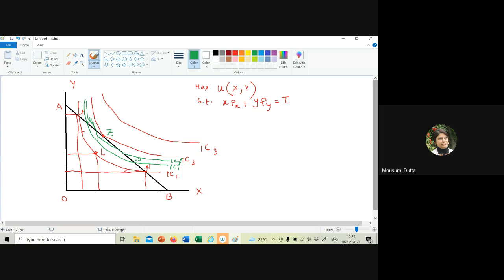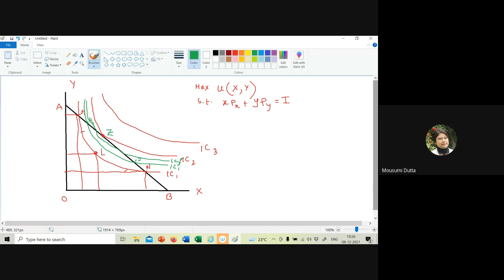Is it understandable? Yes, ma'am. Because that is the highest level of utility the consumer can attain. So now I'm getting the idea of which indifference curve I'll select.